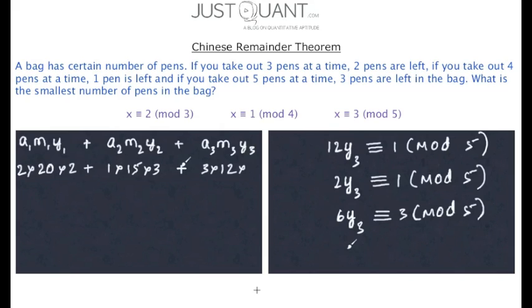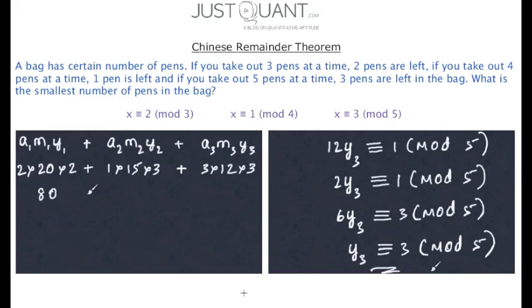That is, y3 is congruent to 3 mod 5. Hence we have y3 is 3. So the sum is 80 plus 45 plus 108, which is equal to 233.